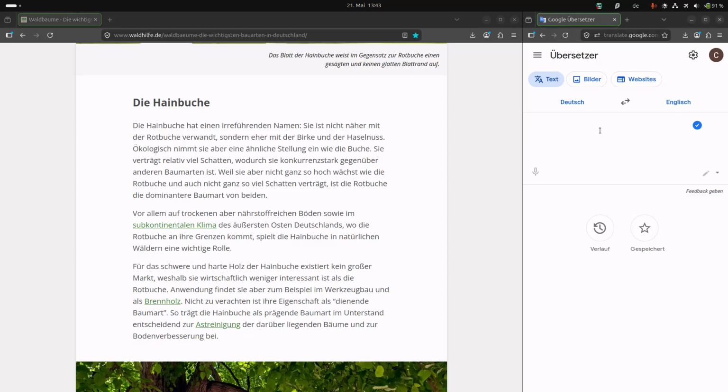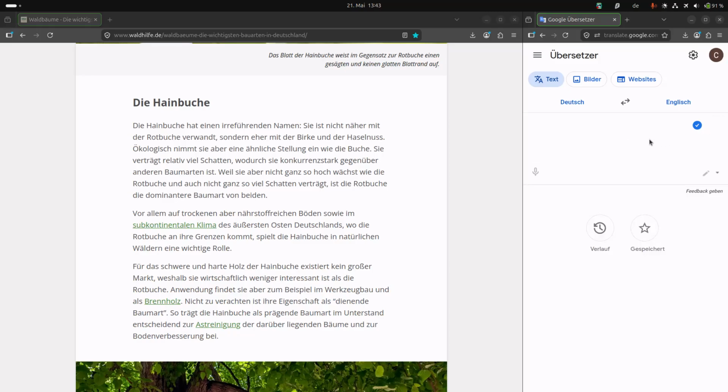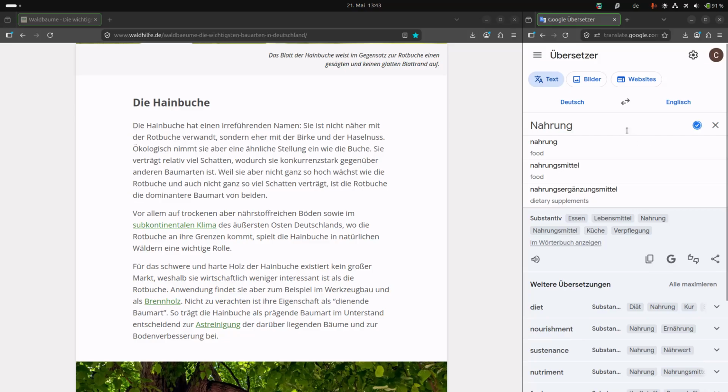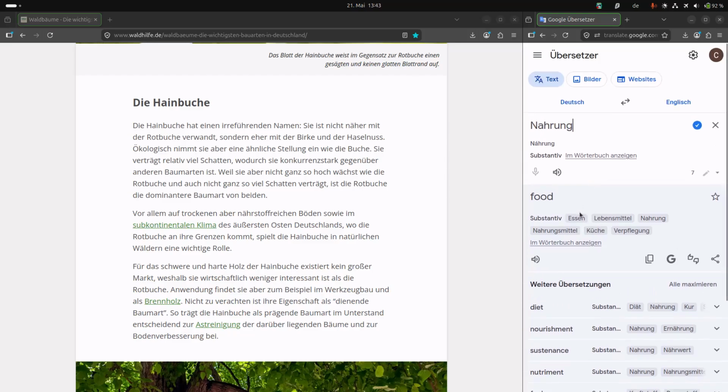Nährstoff, if we dissect the word, nähren, which means to nourish or nurture, but relates to the word Nahrung, which means food, not necessarily nutrition, but nourishment, diet.